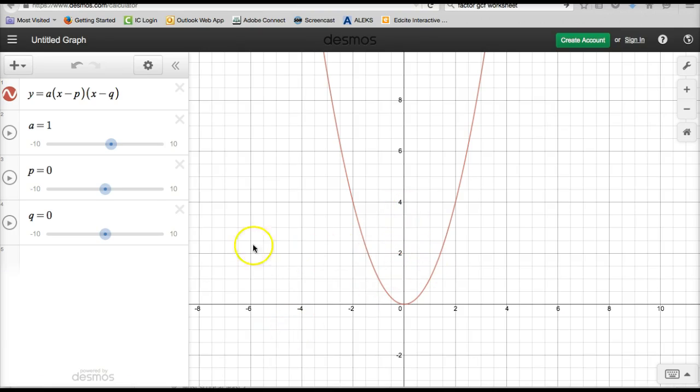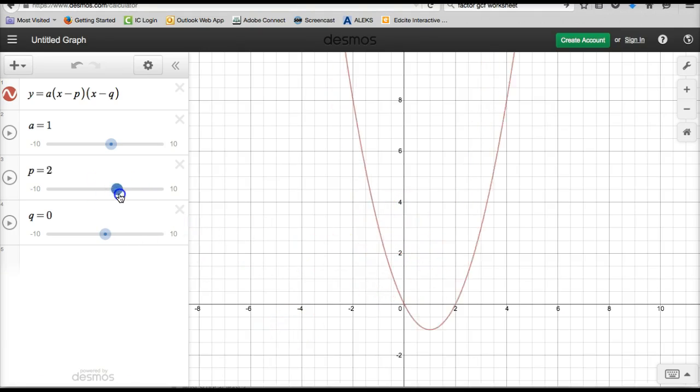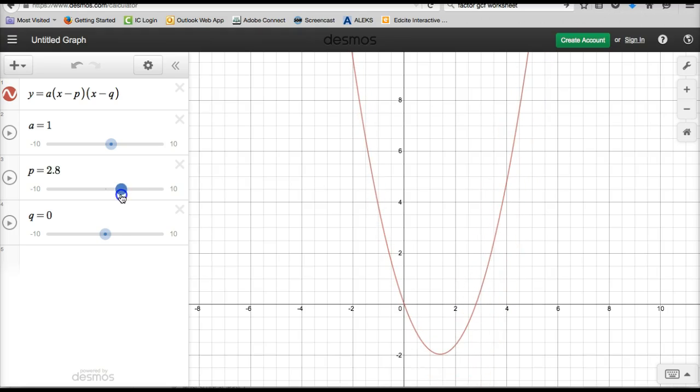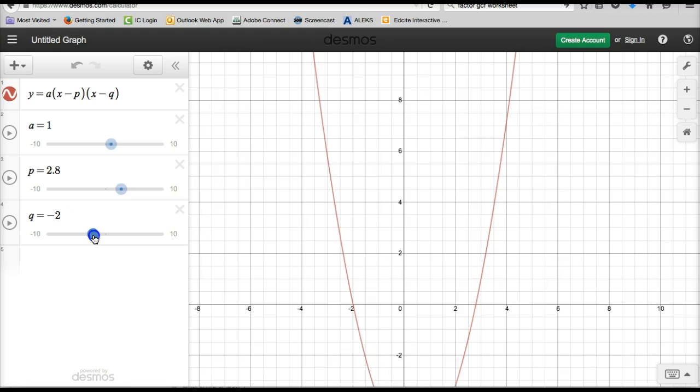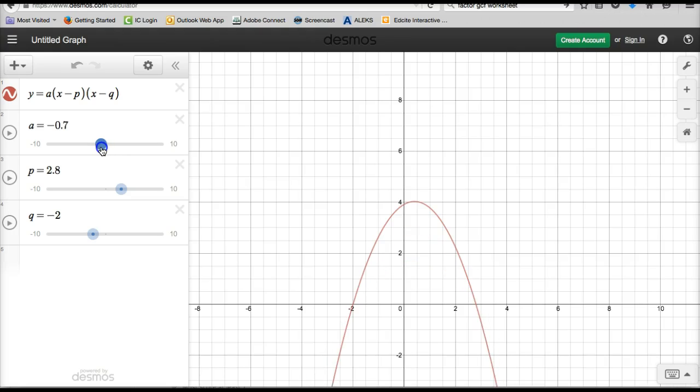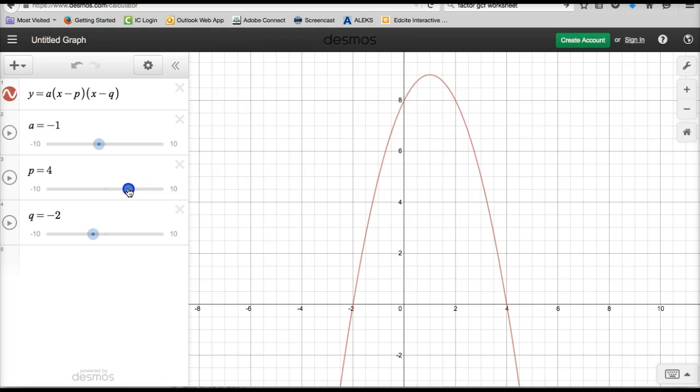Once you have what's right in the middle, then you can use that to find what the y value is going to be. So in this case, let's flip it over so I don't have to move. Nice. Okay, in this case, the middle of, say, 4 and negative 2 is going to be 1, right? 1 right here. So then I can take 1 and plug it in with 4 and negative 2 as p and q.